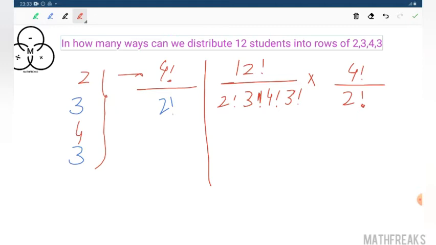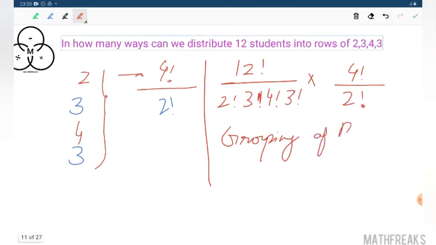So this is grouping with repeated groups.